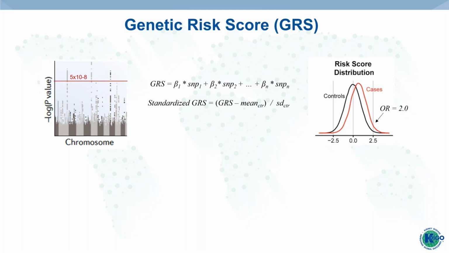This risk score then can be further standardized by comparison to ancestry matched controls by deriving mean and standard deviation of the control and performing a z-score transformation to express it in the units of standard deviation.